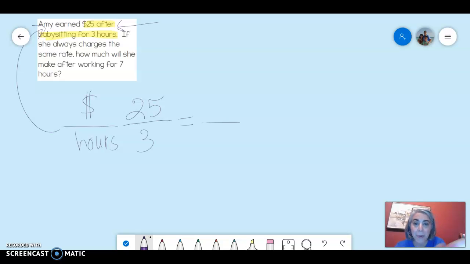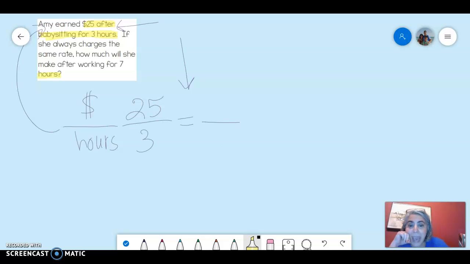So I'm going to put in my equal sign here, and I'm ready for another fraction. This fraction is going to need a numerator and a denominator, but I have to be super careful. Money is going to be in my numerator, and hours is going to be in my denominator. So I need to go read and see what they gave me. I'm going to pull that highlighter back up, and it says 7 hours.